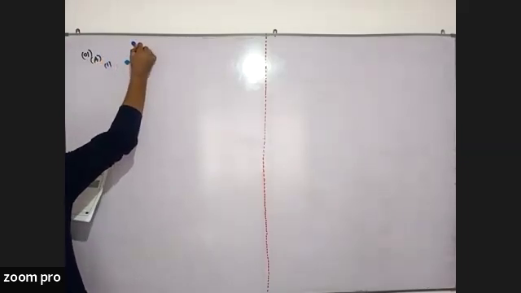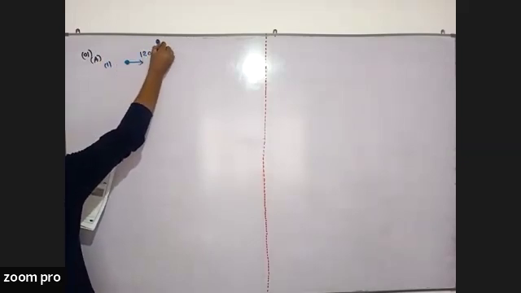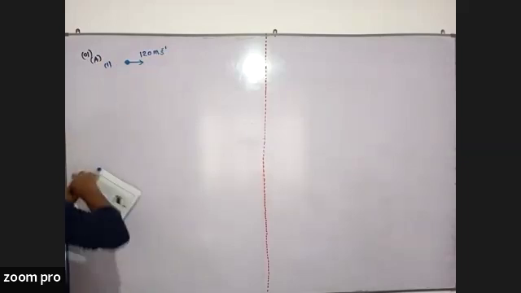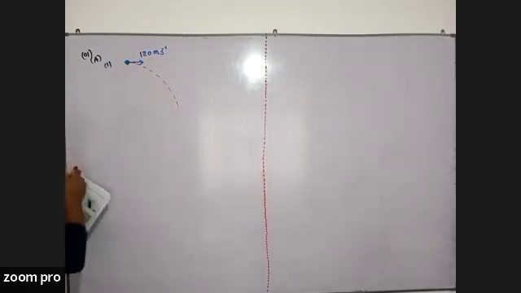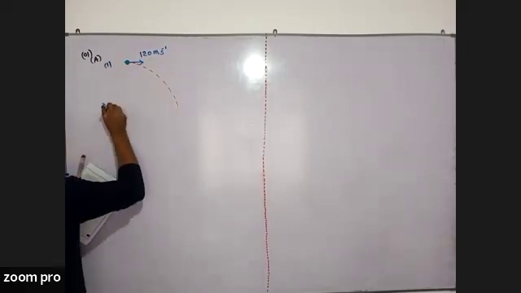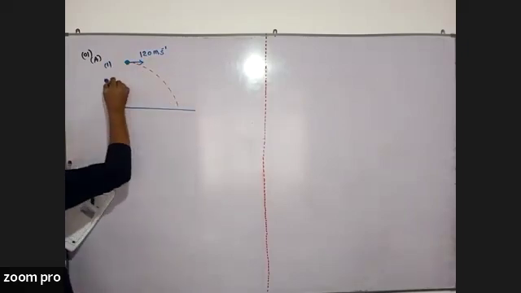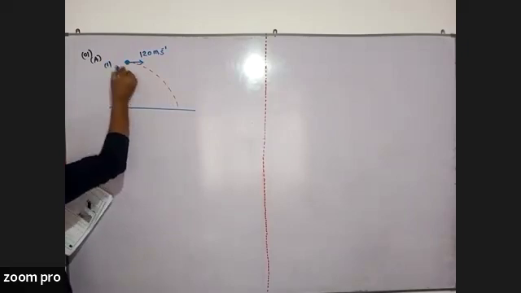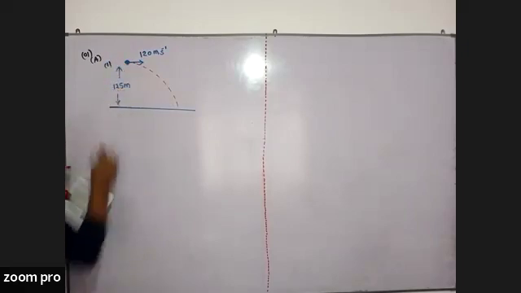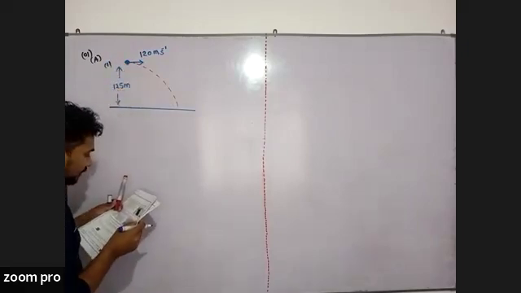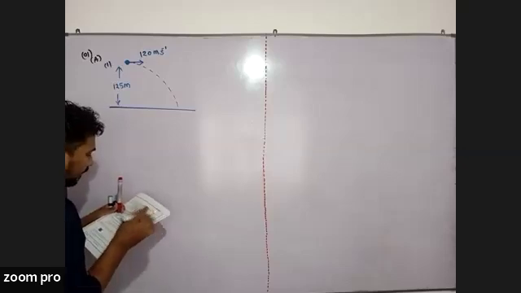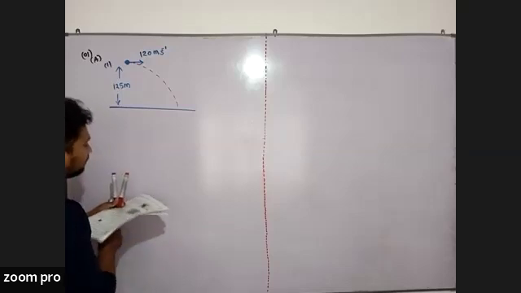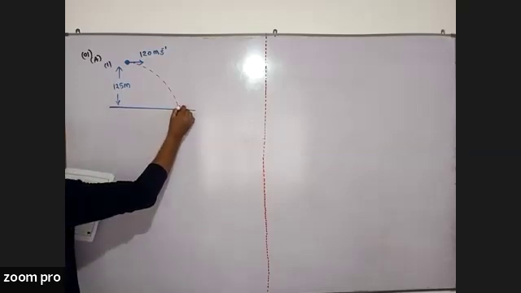This artillery is projected with the 120 m s^-1 velocity, then after that it is moving in a trajectory pathway. So the initial height is 125 meters. Now the question is asking about the time it takes to reach the ground.